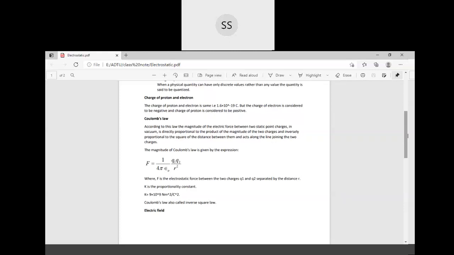That force can be calculated by using Coulomb's law.